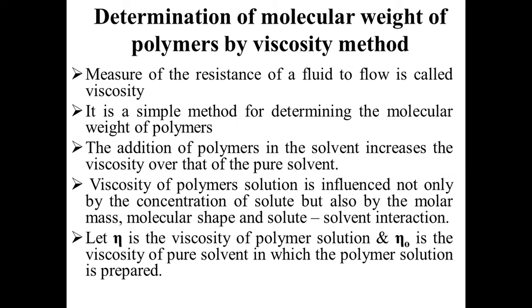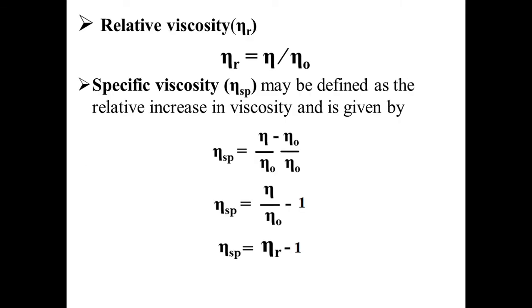Let us consider eta is the viscosity of polymer solution and eta naught is the viscosity of pure solvent. By this we can calculate relative viscosity, that is eta r. Eta r equals eta divided by eta naught.